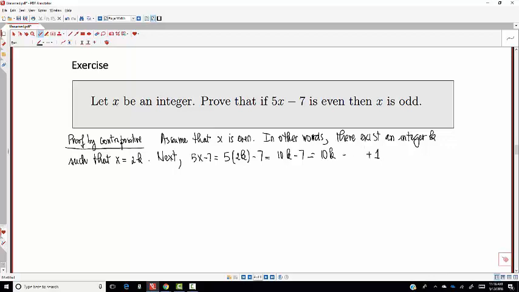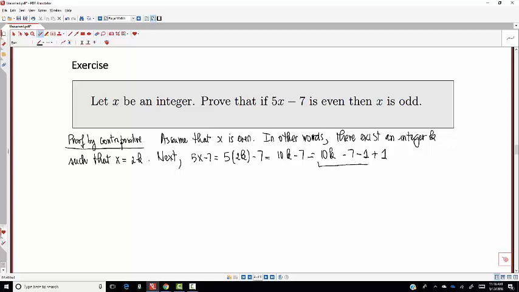So if I need to have 1 there, perhaps a more straightforward way of doing this would be to start with negative 7, and then I will subtract 1 and then add 1. That way nothing has changed. So I have 10k minus 7 minus 1 plus 1. That's still 10k minus 7.